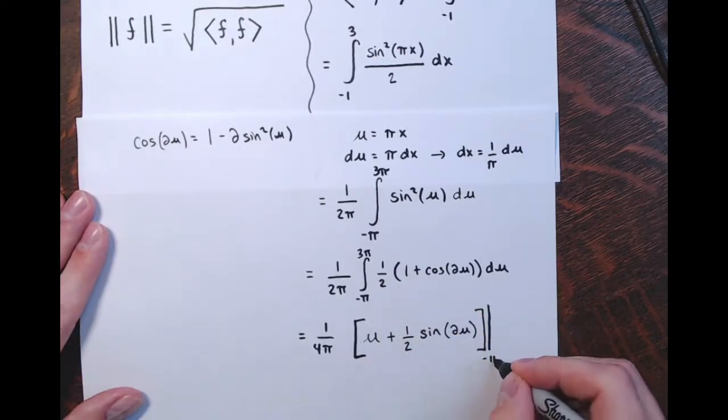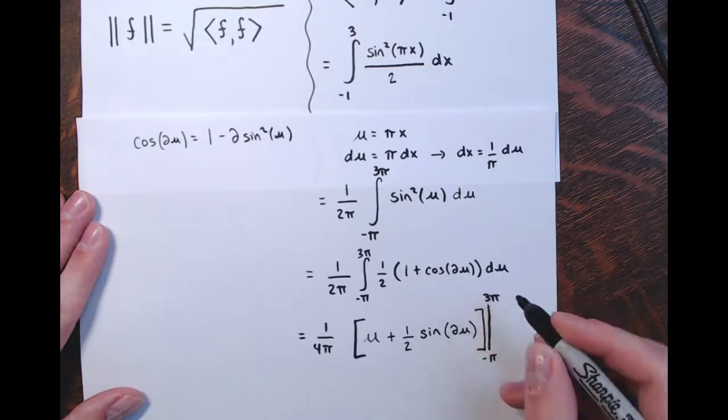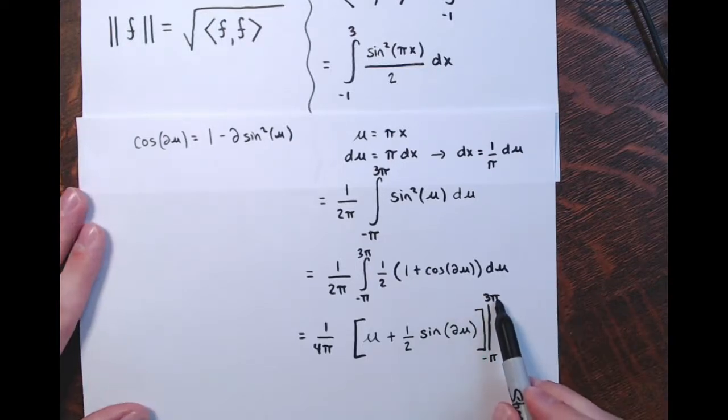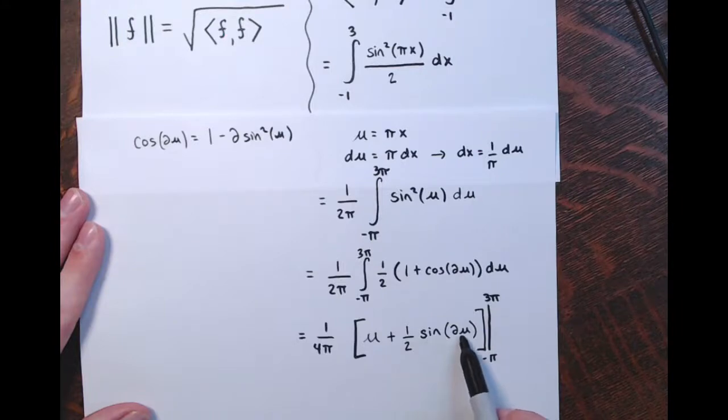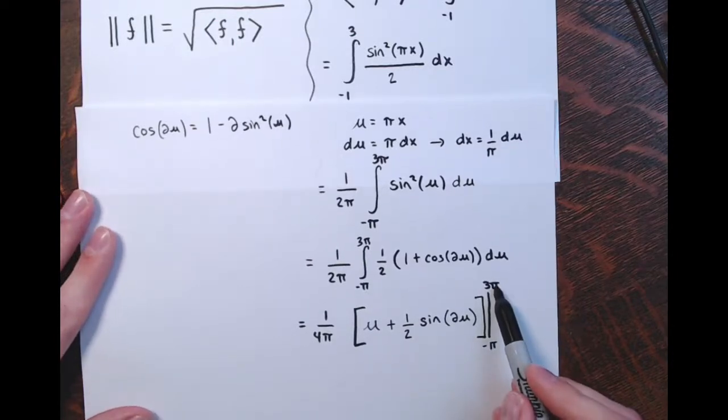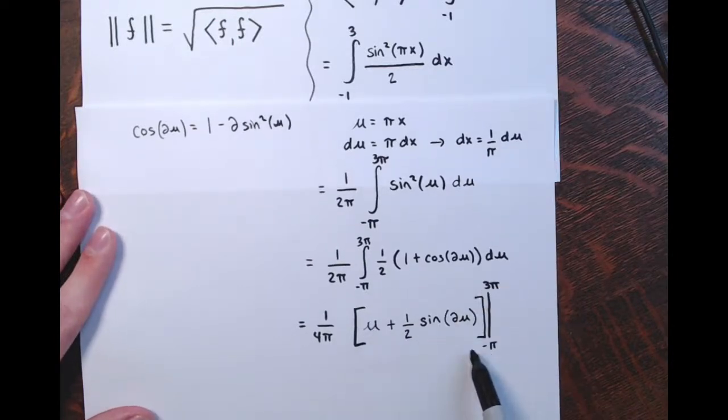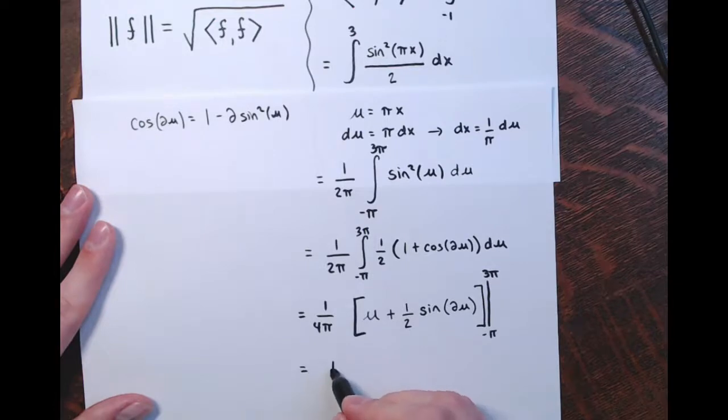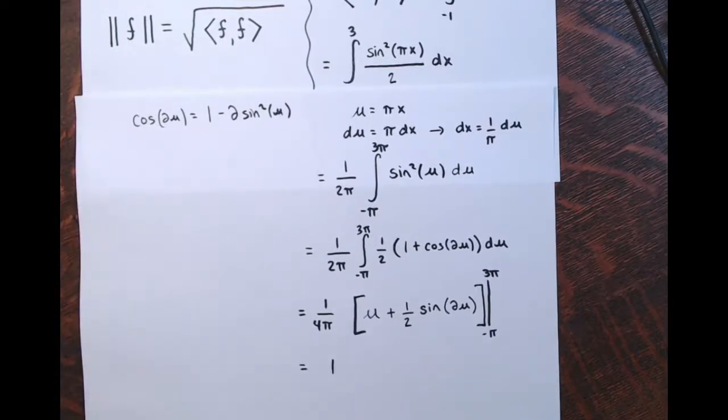And we're going from negative pi to 3 pi. And this is real nice here because the sine of any multiple of pi, which I'll have in either one of these when I plug the upper end and lower end, is 0. So really this just ends up being 3 pi minus negative pi, or 4 pi. This ends up being 1.